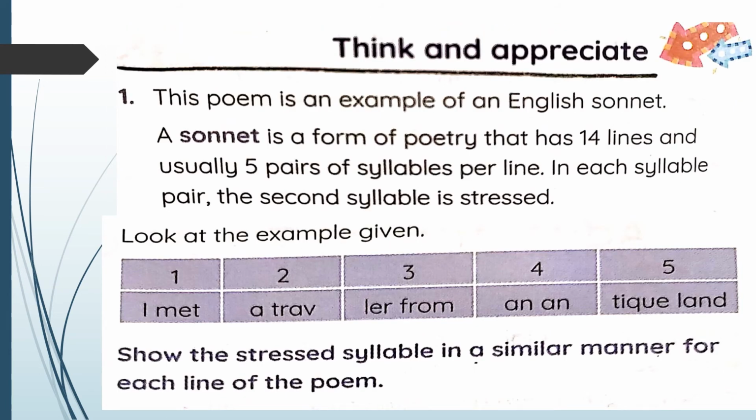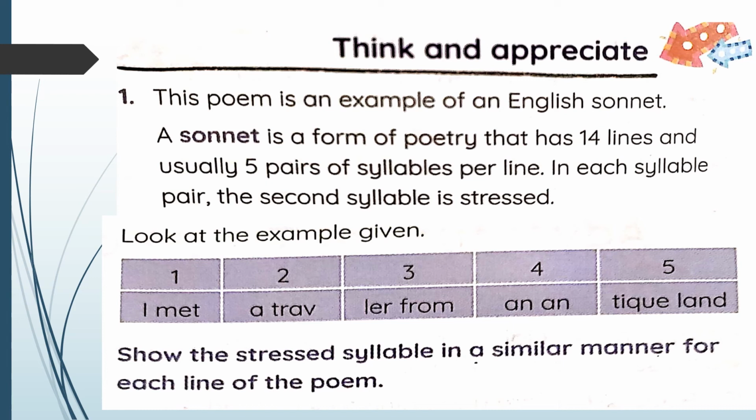Now coming to the think and appreciate part, children. The first one says the poem is an example of iambic pentameter. In each syllable pair, the second syllable is stressed. The example is shown: I met a traveler from an antique land.